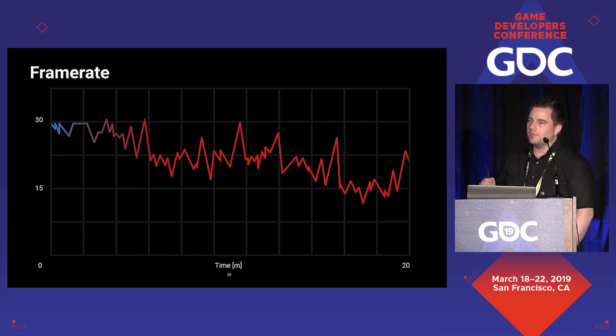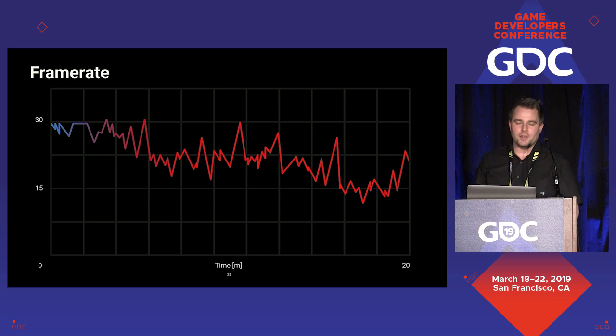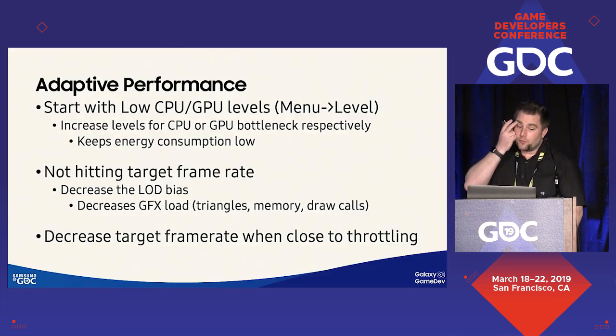And then at some point, the device goes into throttling, which happens around 15 minutes. And at that point, the frame rate drops even further. And there is no way the device can actually recover without changing significant behavior in the game.